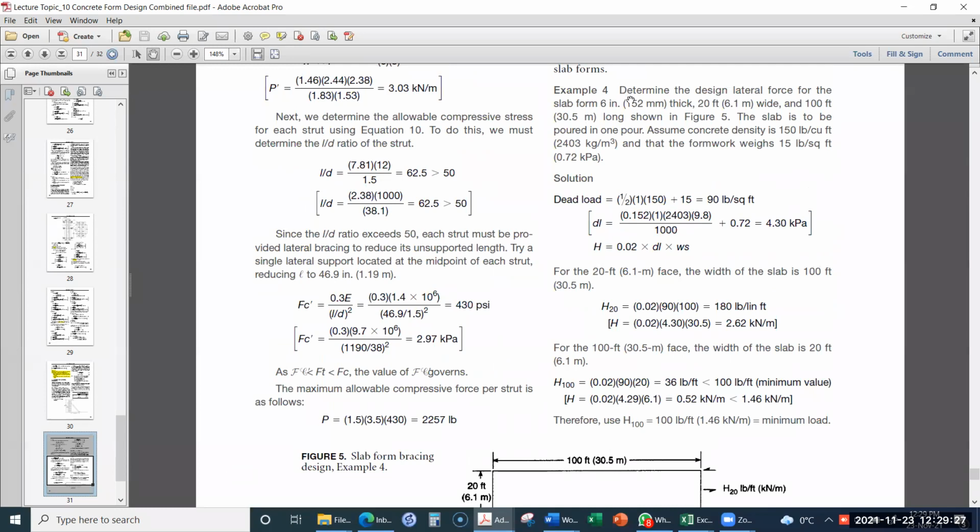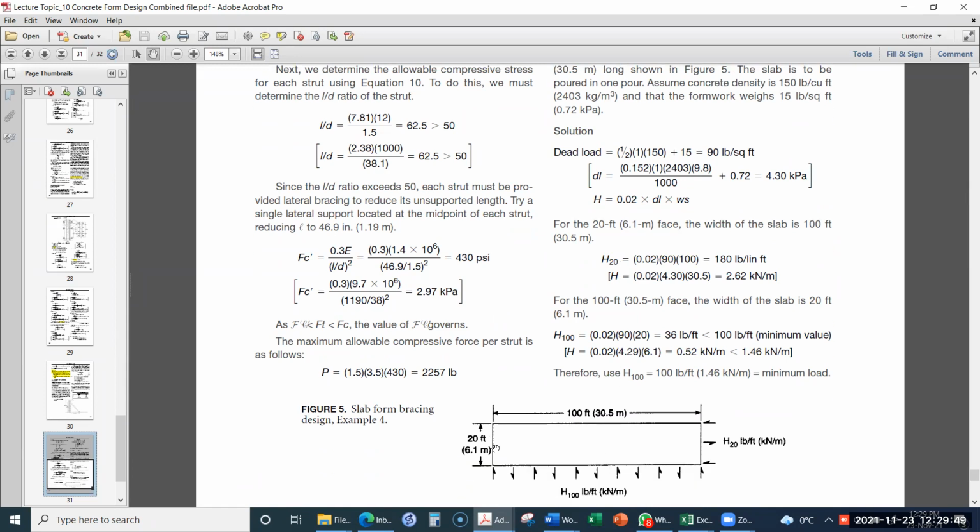So what is this example? Example number 4: determine the design lateral force for the slab form, 152 millimeter thick and 6.1 meter wide and 30.5 meter long as shown. And then there will be horizontal forces.